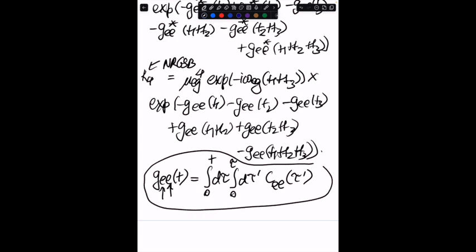And then C(tau prime) is just 1 upon h bar squared, the correlation function of the energy gap operators separated by time tau prime.